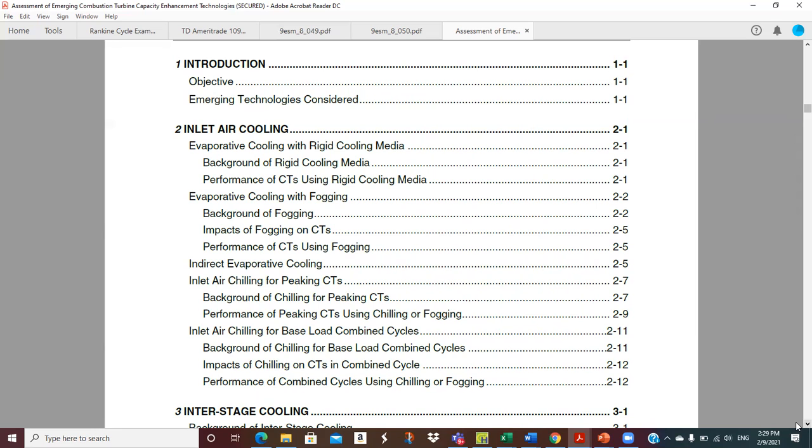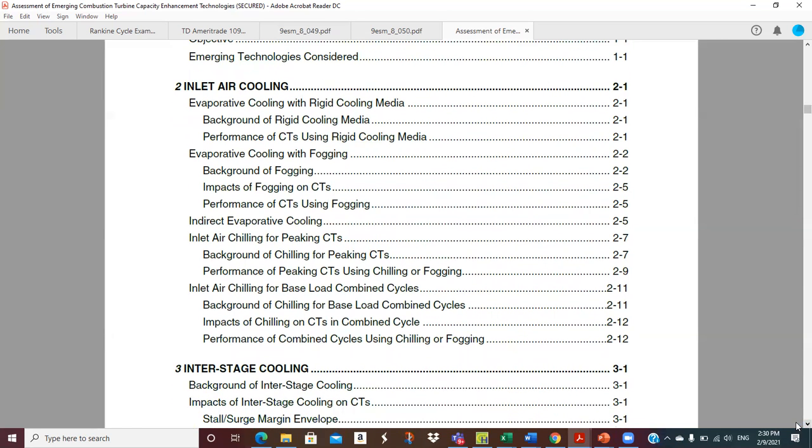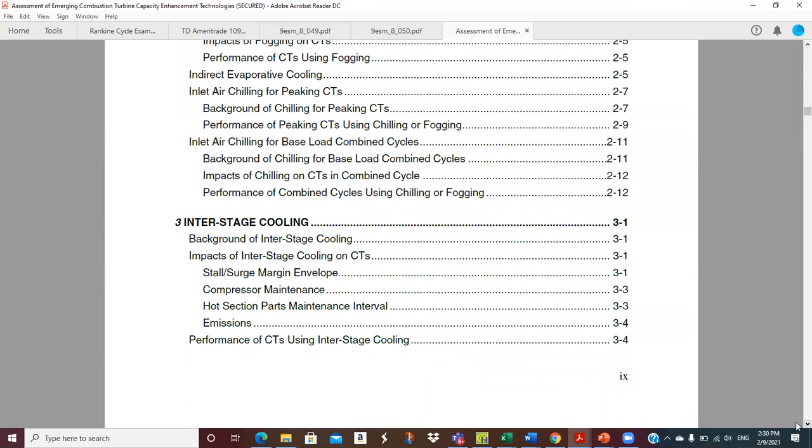Inlet air chilling, that means with a water chiller: buy a big water chiller, make 40-degree water, and blow the air across a coil just like air conditioning. That's an idea. Inlet air chilling for base load combined cycles. Man, can you see a good assignment coming out of this? Wow, this is great.